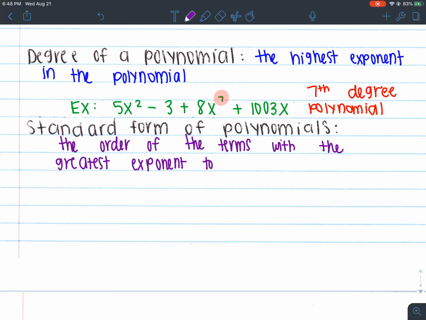The greatest exponent to the smallest exponent, because least doesn't really make sense there.